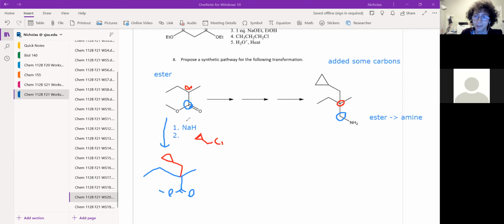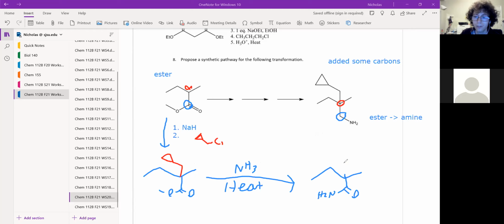Now we want to convert the ester to an amine. We can move towards that by converting the ester into an amide. We can't convert it into an amine in one step. But if we add an amine to it and we heat it up, that will convert the ester to an amide with a carbonyl.